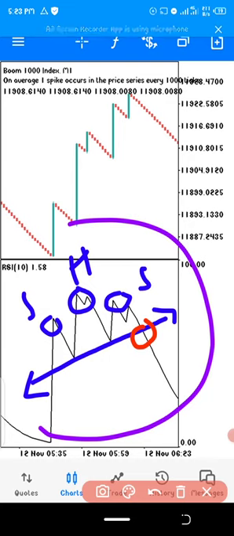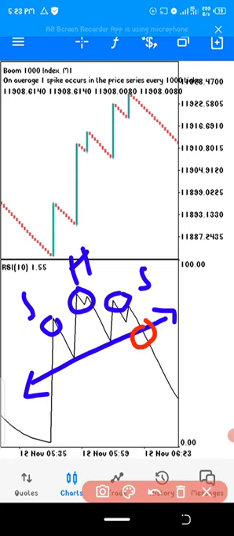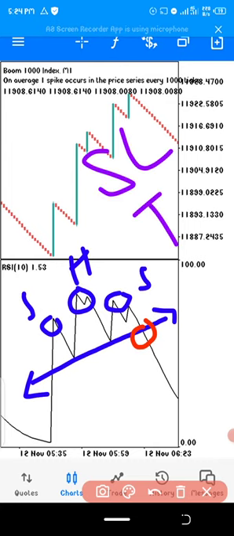Now, I said I'll be teaching you guys using stop loss and take profit. What is going to be my stop loss and what is going to be my take profit? For the stop loss and the take profit, we are still going to be using the pattern to determine them.